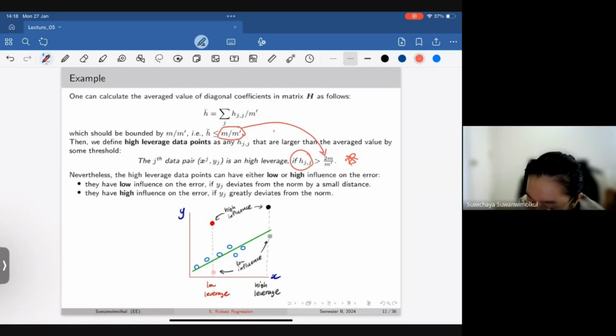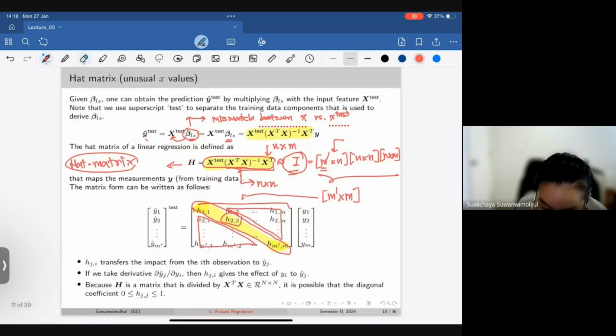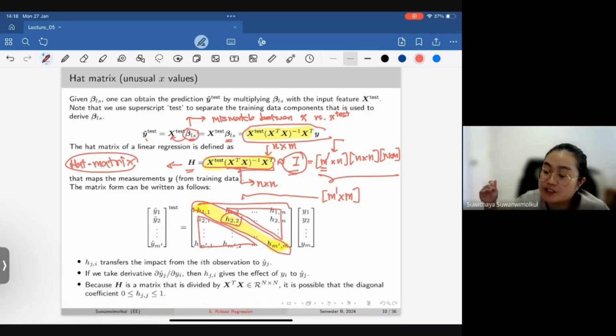To interpret the effect of the high leverage point, let's say the high leverage point is the point HJJ that gives a high value. If we think about what HJJ does when you multiply this H matrix back into this equation, the yellow one being the H matrix, multiplying it with Y, if you have an HJJ of high value aligned with the coefficient of the measurements Y, it should map you to some Y hat that is also of high value.